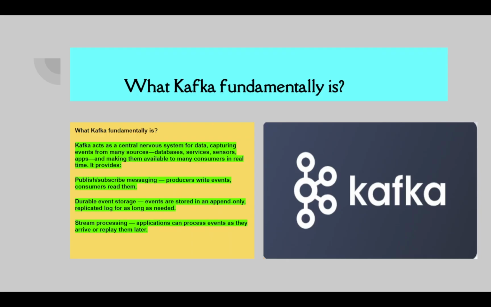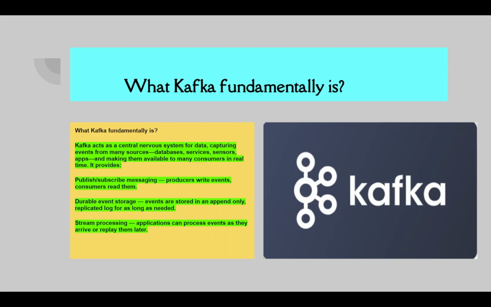And stream processing: applications can process events as they arrive or replay them later. The events will be processed in the order they arrive. These are the high-level features of Kafka, but we will see them in detail.